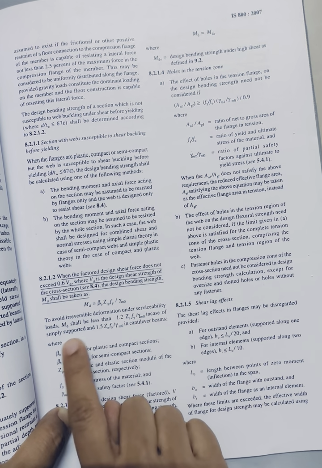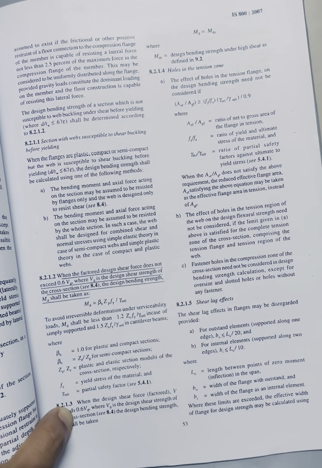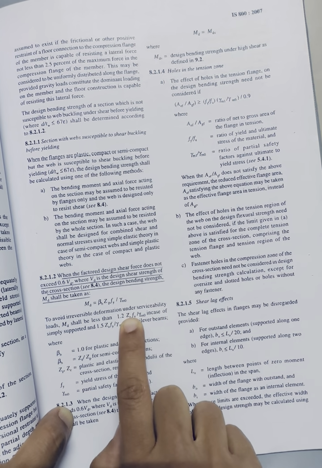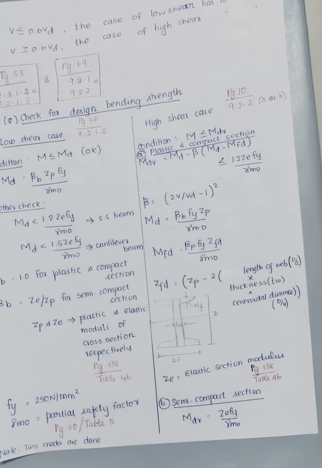Generally it is the simply supported condition that comes, right? So we go for this check also. Totally there are two checks. M should be less than or equal to MD, and another check is MD should be less than 1.2 Ze Fy by gamma M naught for simply supported, and 1.5 Ze Fy by gamma M naught for cantilever beam.